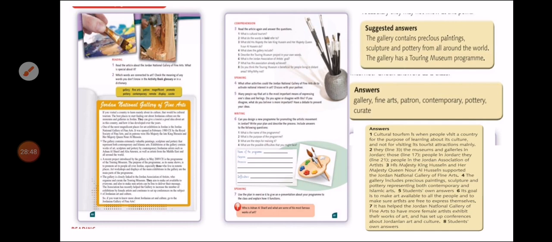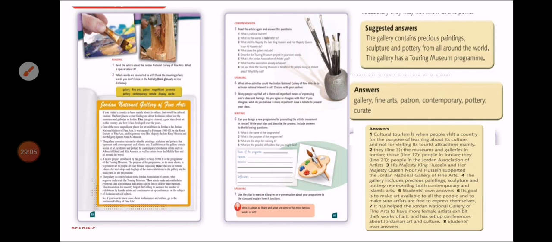Okay, number 5. Describe the Towering Museum project in your own words. هذا الكويستشن إلكم. In your own words, بكلماتك الخاصة أوصفي Towering Museum project. موجود في آخر، بالفقرات الأخيرة. Now, number 7.